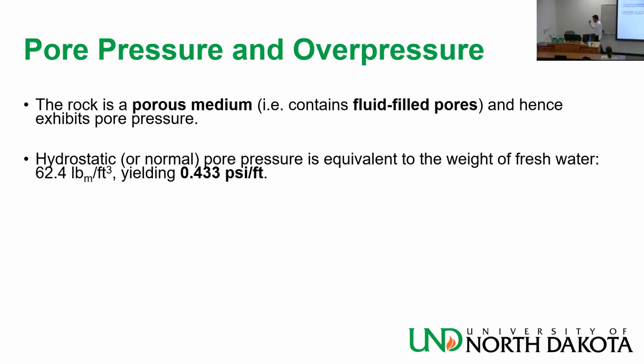Now that's a smaller number than the overburden, 1 psi per foot. This is an idealistic value, in a sense that it is a value for a certain set of conditions, like fresh water density all the way down. You don't use this value unless you are told to do that.